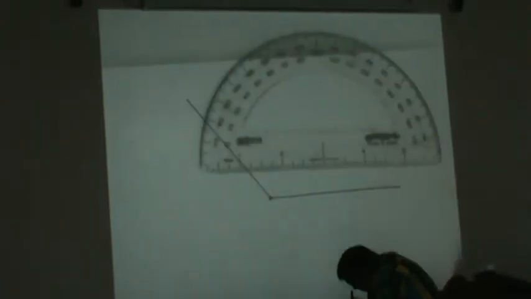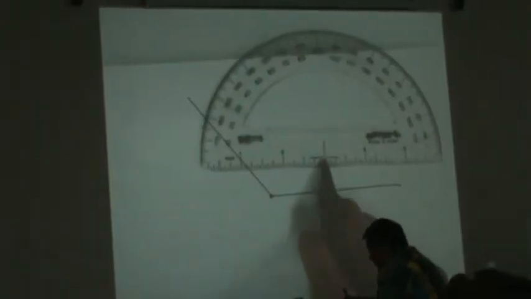What kind of angle is this? Obtuse. It's bigger than 90, right? Okay, if you're going to measure an angle, you have to put this vertex, the point of the angle, on that bullseye.